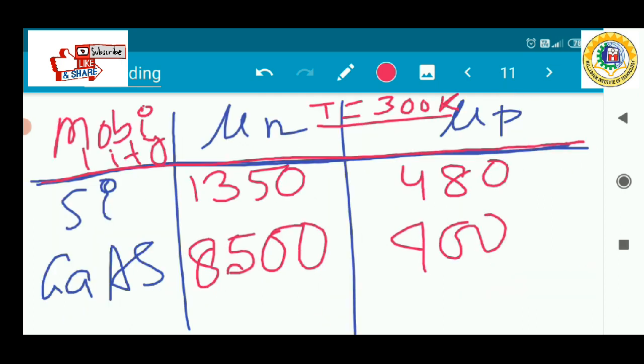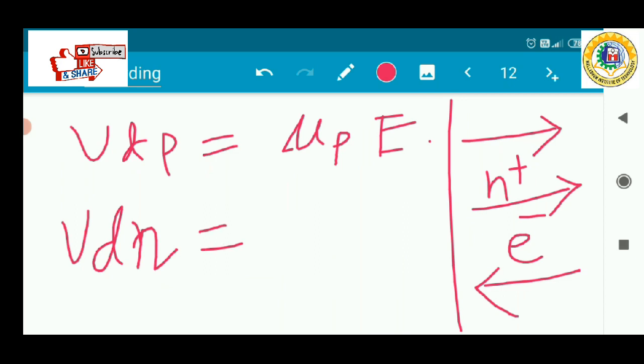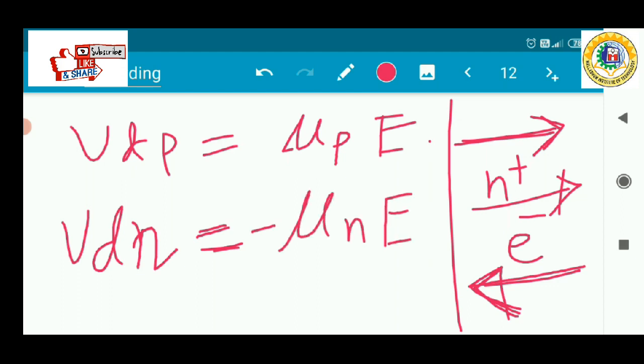Vdn is represented as: the electric field is in this direction, holes move in that direction, and electrons will move in the opposite direction. It has been experimentally proved. That means its velocity is in the opposite direction. Velocity has a direction, that's why it is negative. Okay, velocity is a direction, it is not speed. Velocity is a vector quantity, it has a direction, so it is moving in the opposite direction, that's why negative mu n into E.